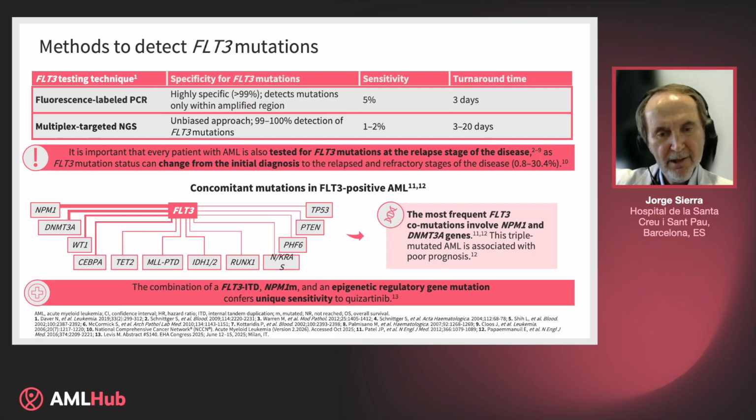In FLT3 mutated AML there are very frequent co-mutations, and of them, the most common, as you may see, are NPM1 and DNMT3A. Classically, the coexistence of these three mutations was considered an adverse prognostic factor, but with the introduction of quizartinib and also with midostaurin, this triple combination has lost the adverse impact.